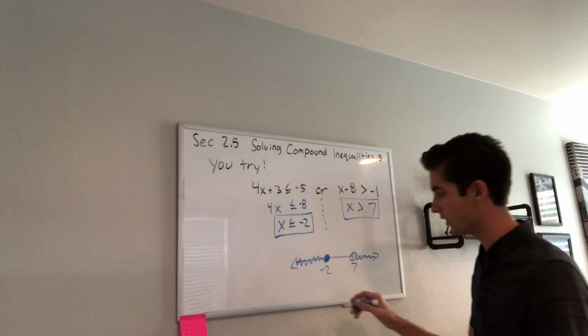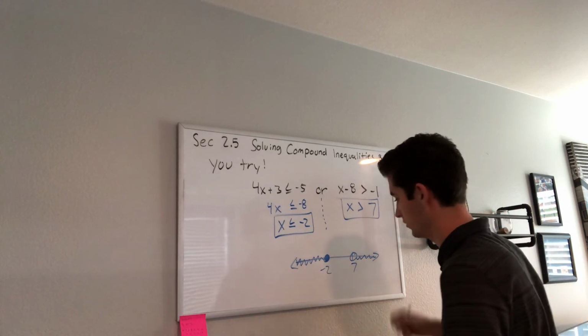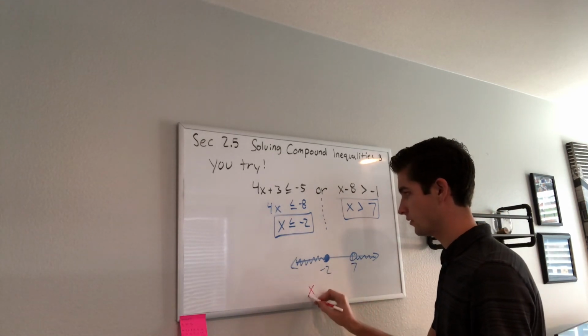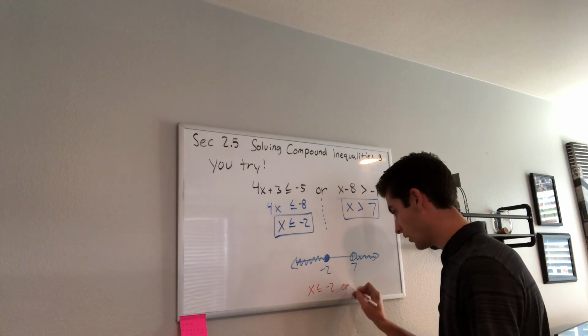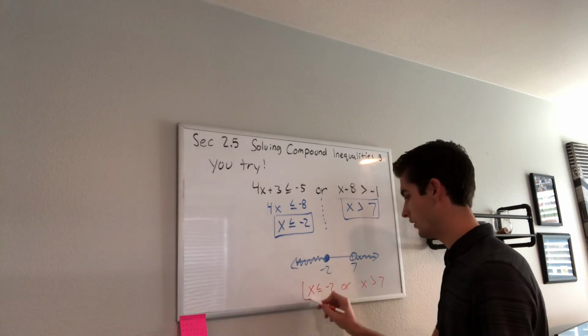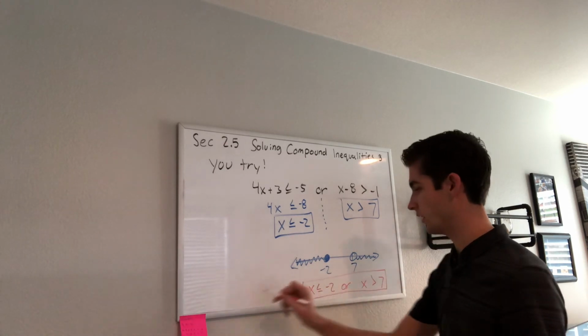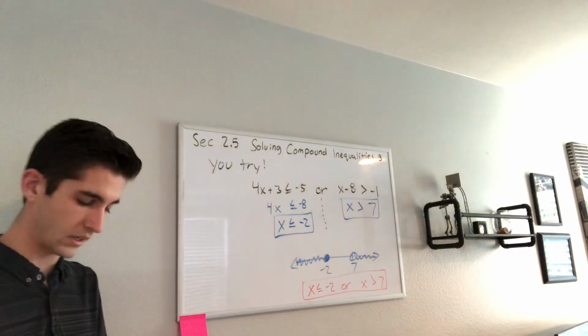And when we put this all together, we will have x is less than or equal to -2, or x is greater than 7. And this is our final answer. Thumbs up. Hopefully you got it.